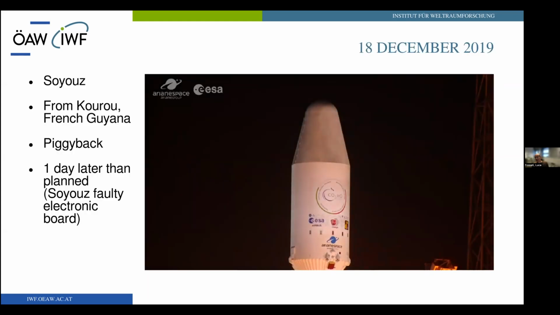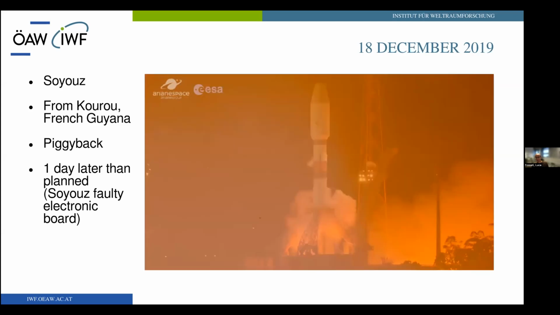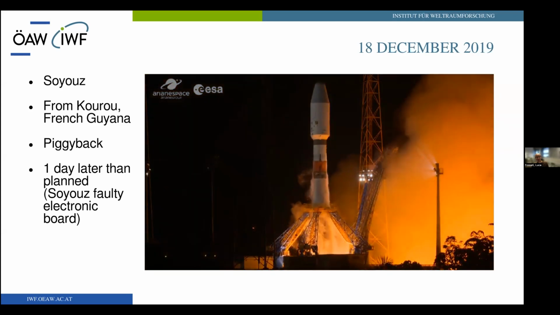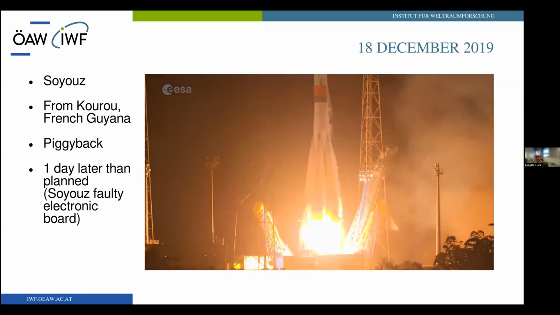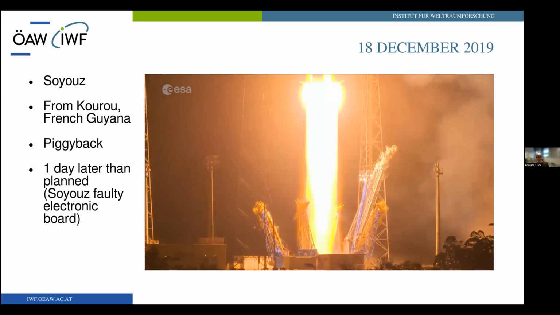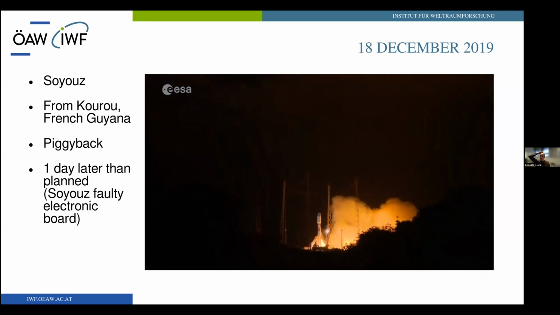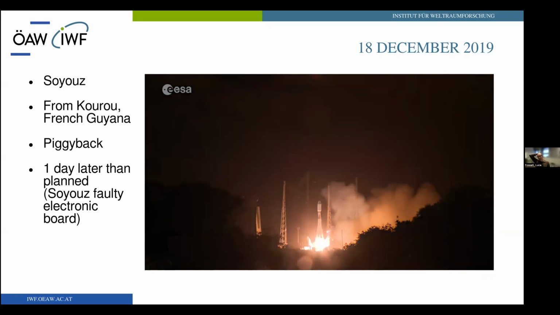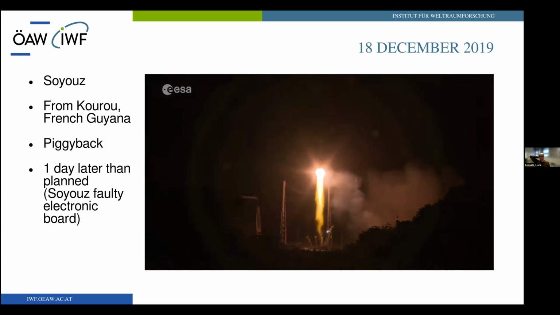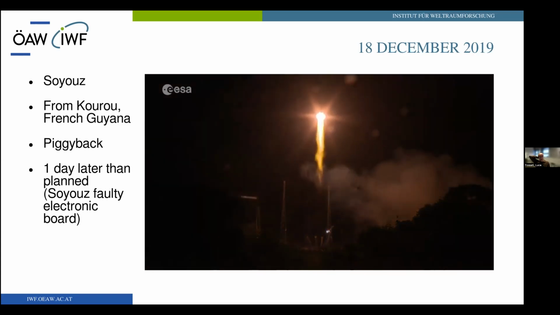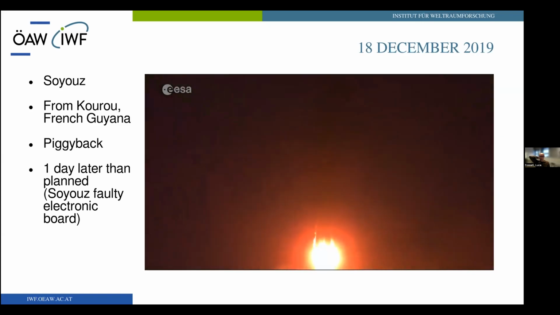And then came the 18th of December, and this wonderful thing happened. The launch on a Soyuz from French Guiana. The launch happened a day later compared to what was scheduled, and the reason is that there was a faulty electronic board on the Soyuz.